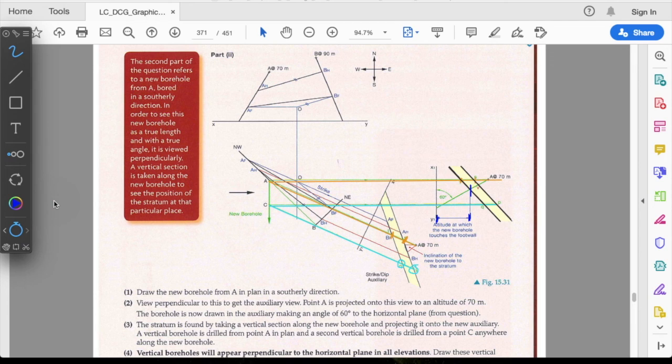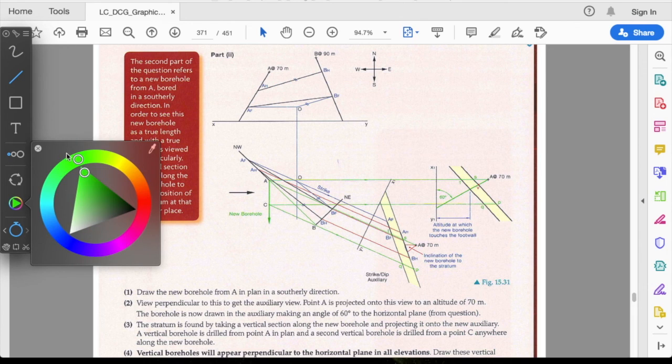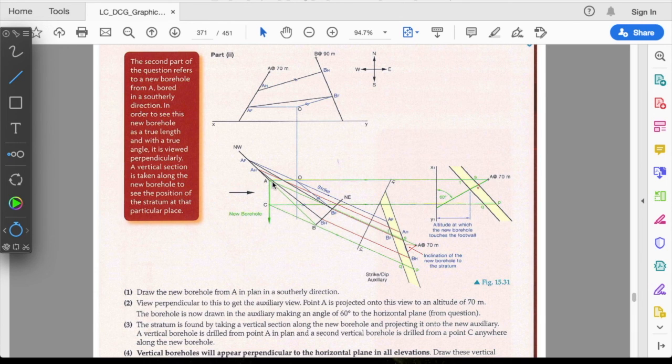But if in another instance you were told that the third borehole was at a different angle, let's say southwest, then you'd have a line coming down here. And instead of looking in the direction we looked at over in this way, you would instead look up 90 degrees to that.